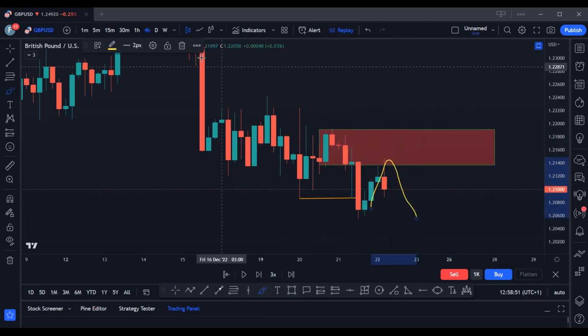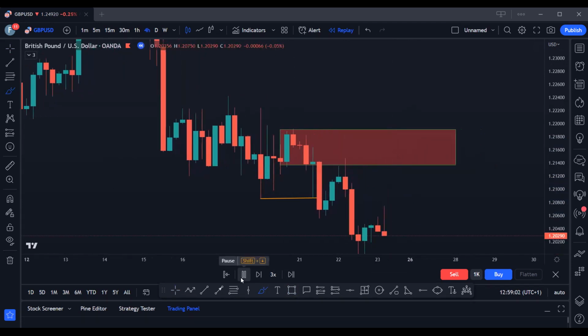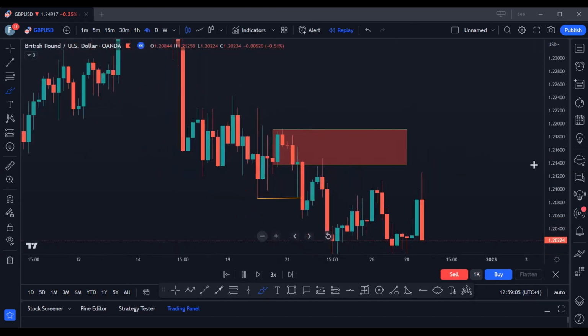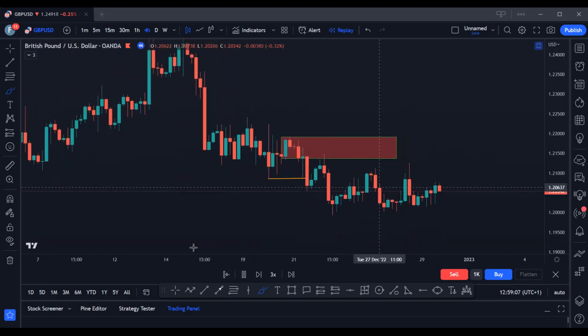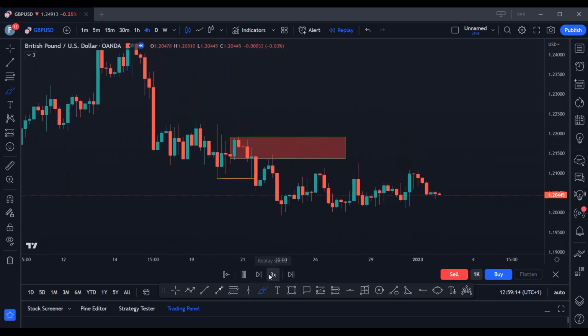Okay, so let's see if we can validate this zone. Let's play that forward. All right, so immediately price started dropping from that zone. Immediately. Let me play it forward a bit.